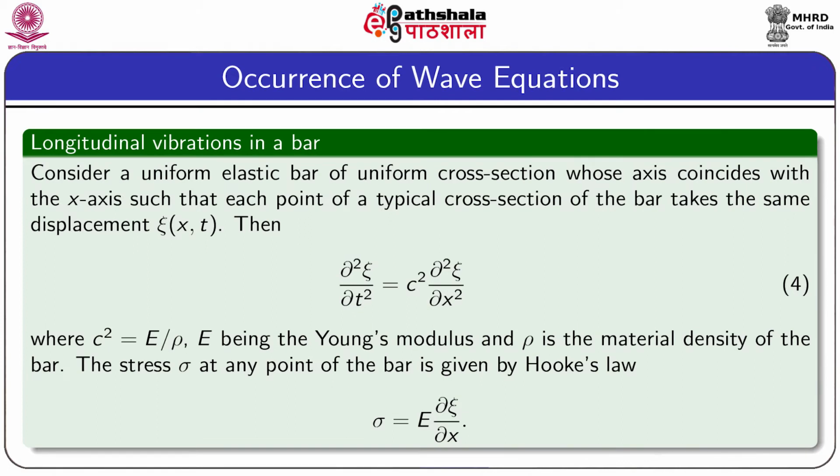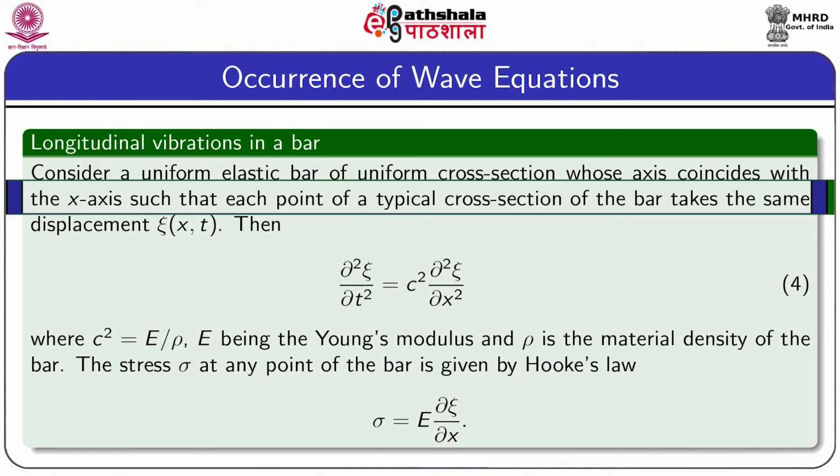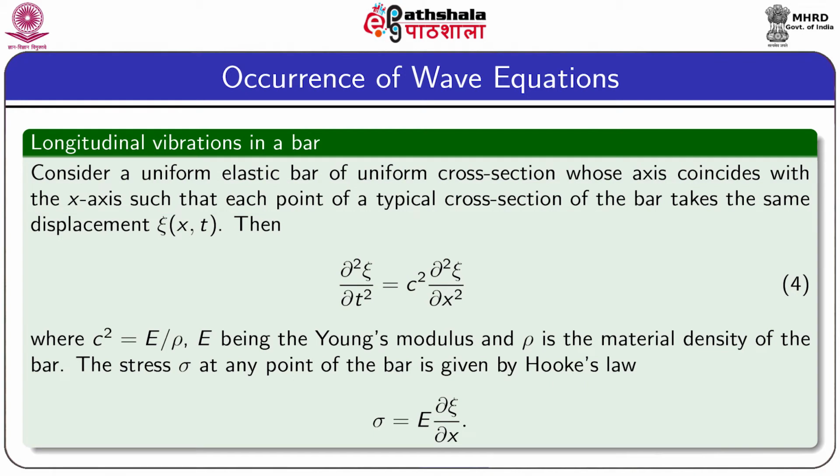Now, I shall discuss another problem in physics where we are interested to find the longitudinal vibration in a bar. So, for that we consider a uniform elastic bar of uniform cross section whose axis coincides with the x axis such that each point of a typical cross section of the bar takes the same displacement xi.